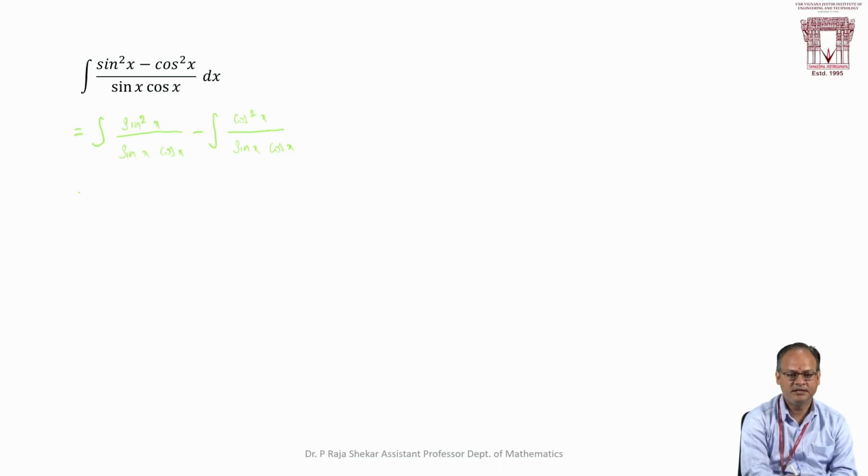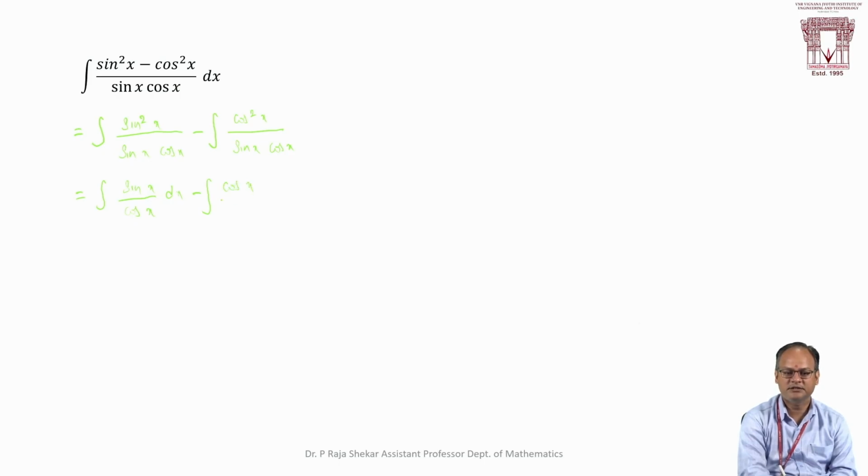As we see, sin x is common for both numerator and denominator, which can be cancelled. So after cancelling the common term, it is sin x divided by cos x dx. And here what is going to be cancelled? Cos x.